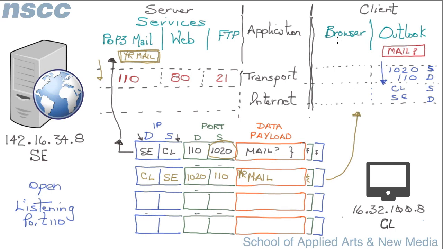Now my browser is also open at the same time, and I could be making a request for an internet web page. So we'll show that could be happening at the same time. So I'm going to say get a web page.